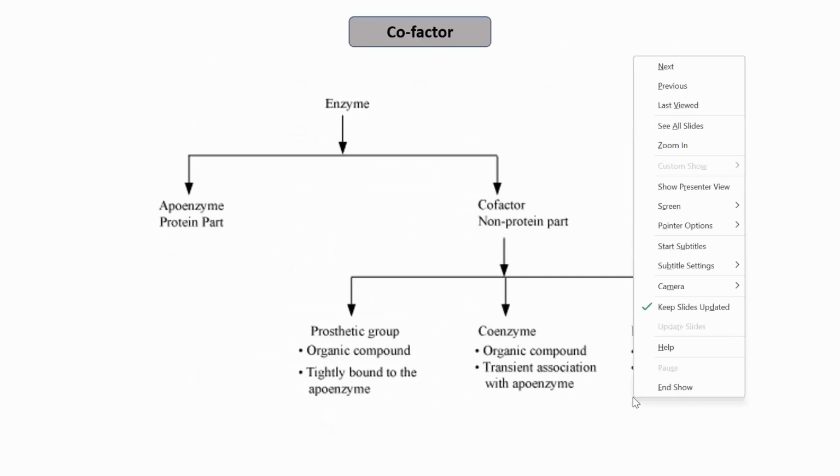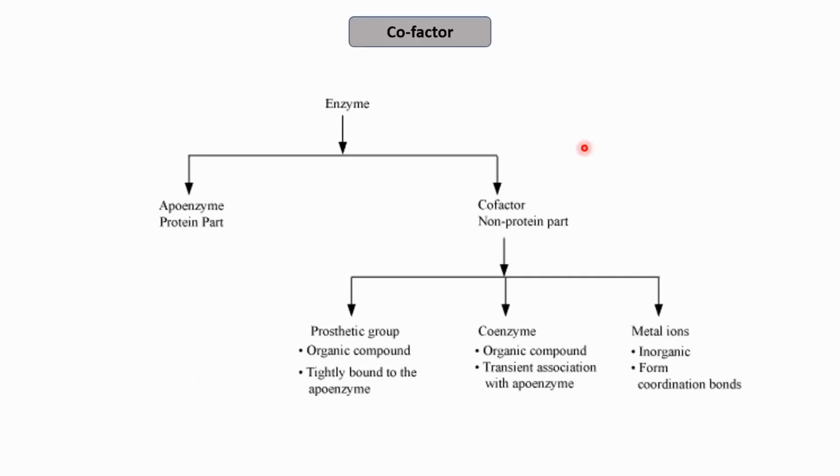Now, enzymes may be present as a completely protein part, or they may contain some non-protein part as well. In such cases where the enzyme has a protein as well as a non-protein part, the protein part of the enzyme is known as the apoenzyme, while the non-protein part is known as the cofactor.